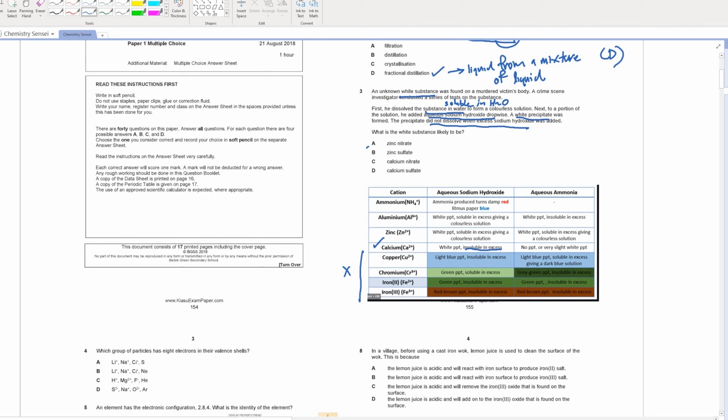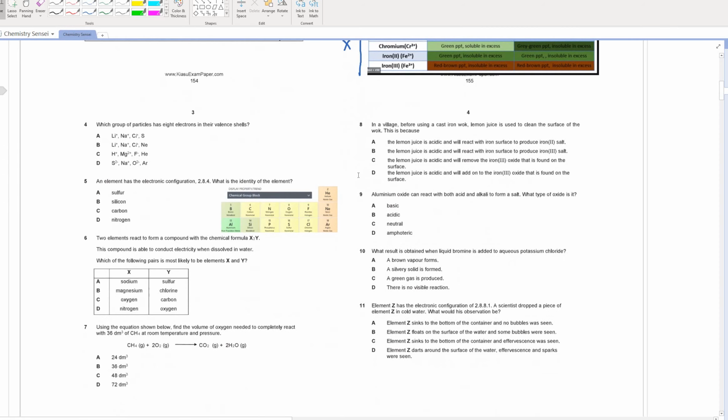So option A and B are incorrect. The correct answer is option C. The reason being, all nitrates are soluble. It is stated in the first part of the question that the substance is soluble in water. For sulfates, not all sulfates are soluble in water.